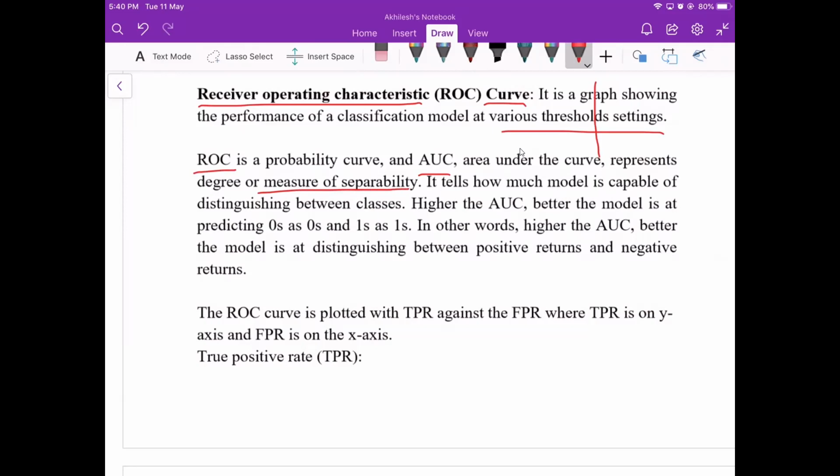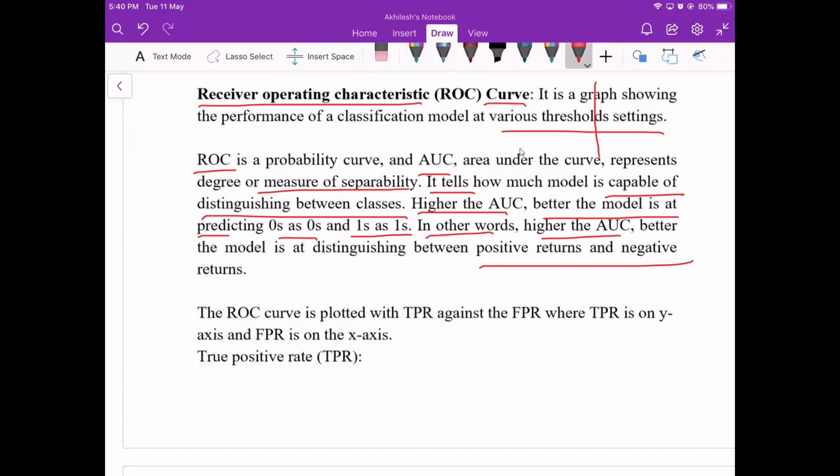Separability means we are talking about the negative class and the positive class. It tells how much the model is capable of distinguishing between classes. The higher the AUC, the better the model is at predicting 0s as 0s and 1s as 1s. In other words, the higher the AUC, the better the model in distinguishing between positive class and negative class.